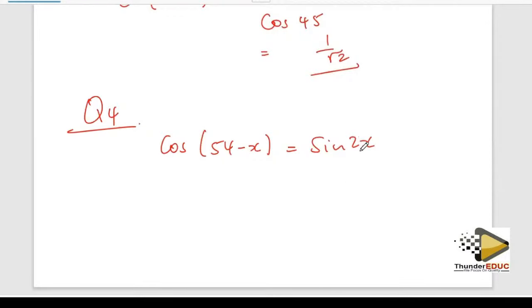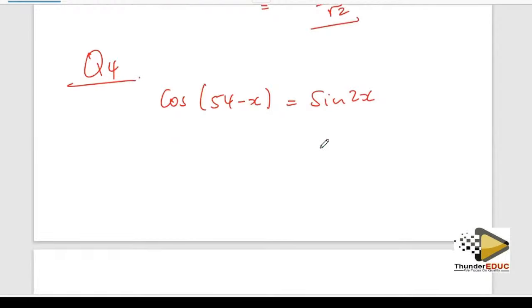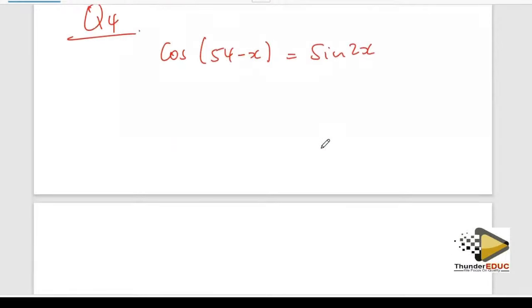If I expand this into 2 sine x cos x, it's going to cause more trouble for me. I could do that, but I can find a simpler way without causing any harm, without going through paragraphs and pages of answers.